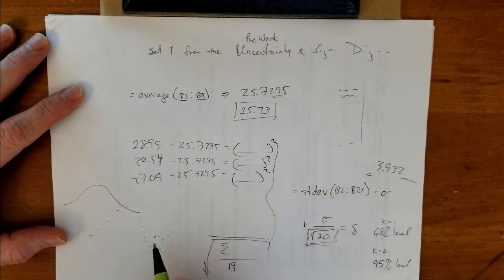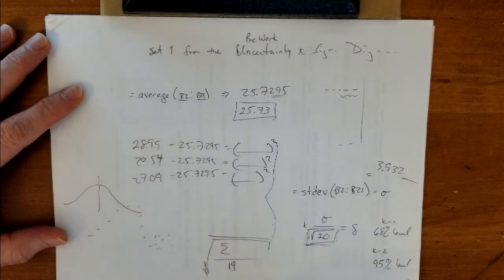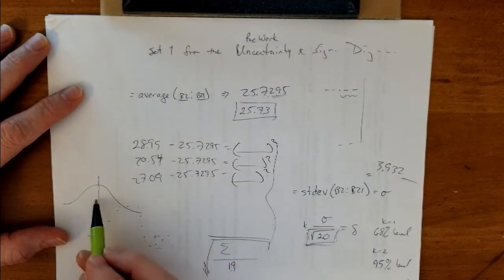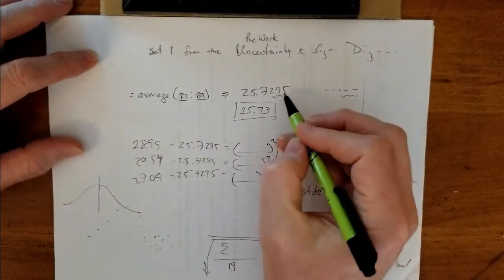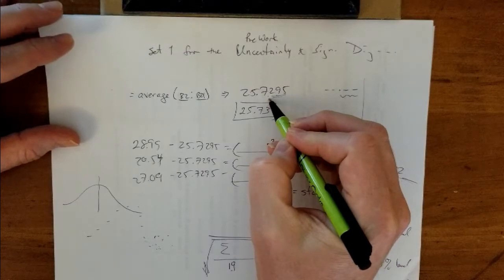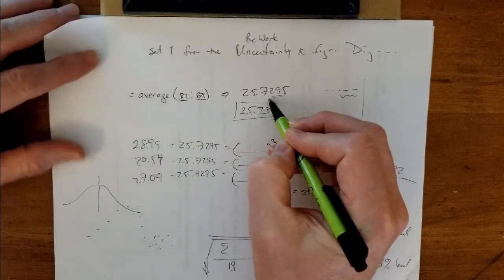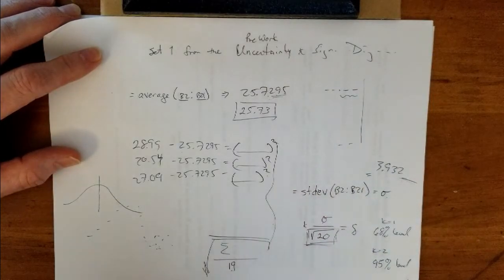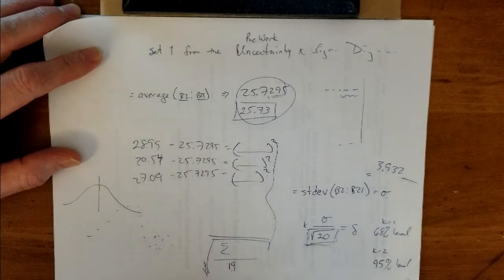And so in order to figure out the average of the Gaussian curve, if everything is done perfectly, then the average we have here would be the actual average of the entire population. But this is just the average of the sample, not the average of the entire population. So the question is, how close are we to the actual average? And that's what the uncertainty is telling you.